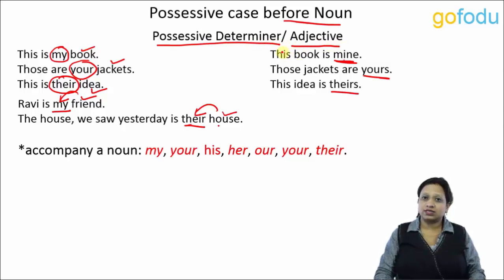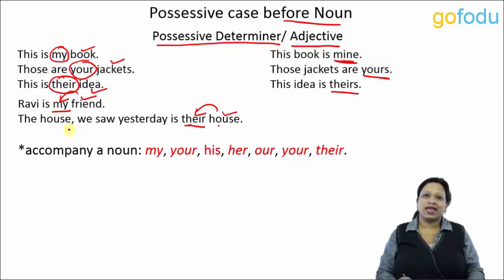Now, what exactly is an adjective? That will be clear to you in the video regarding adjectives. I'll just give a quick review. An adjective is a word or a group of words that explains about a noun in that sentence: what kind, maybe quality, size, all these details. Please go through the video regarding adjectives to have a clear idea about this.